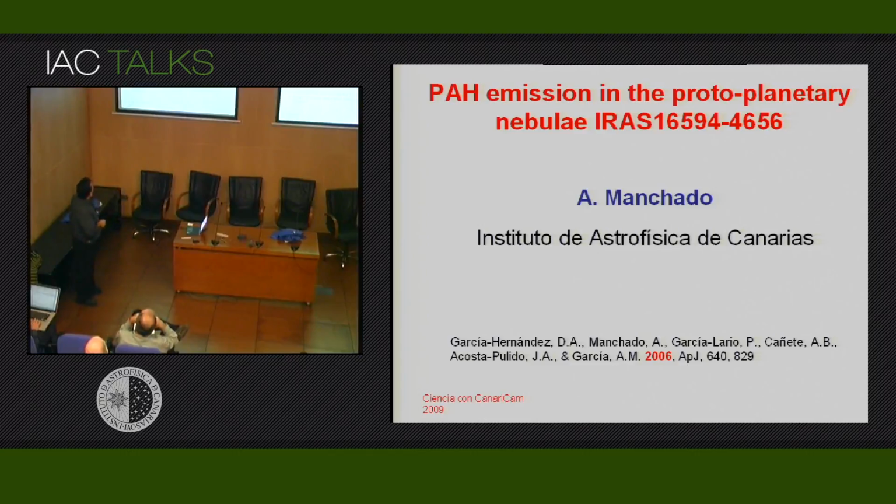We used the standard nodding chopping technique with a chopping throw of 15 arcseconds, and each image is a combination of 50 or 100 images with integration time of 18 or 40 milliseconds, and the chopping frequency was 6 Hz. The total on-source integration time was typically 2 minutes. Those sources are very bright.